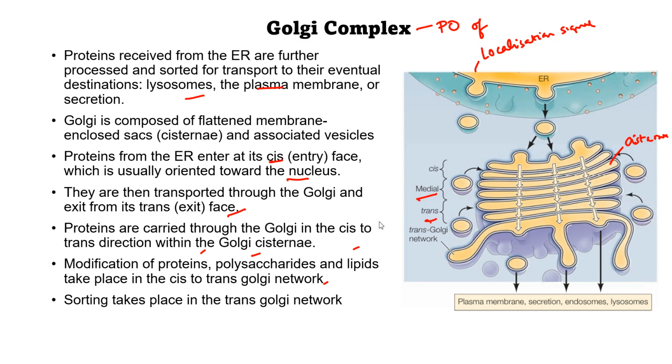Different chemical moieties get added to the protein, such as sialic acid, or a phosphoryl group, or other chemical groups, or ubiquitin. All these different modifications and packaging take place in the Golgi complex.